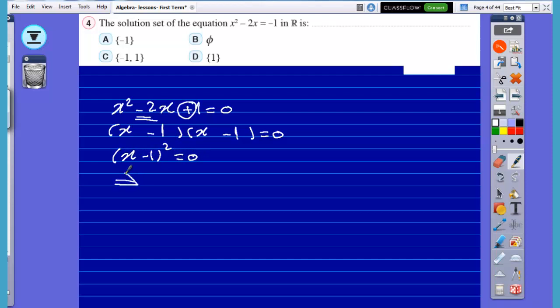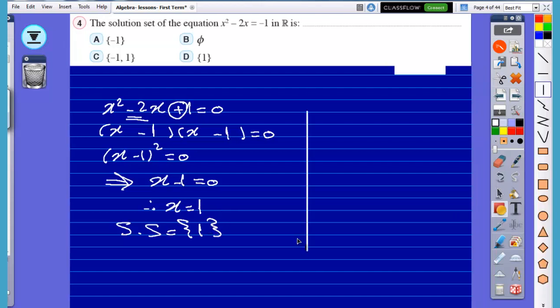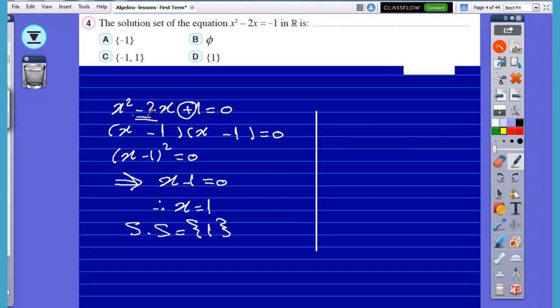It means x minus 1 equals 0. So x equals 1, and the solution set equals 1. Of course you can use the calculator. From this equation we can write a equals 1 and b equals negative 2 and c equals 1.